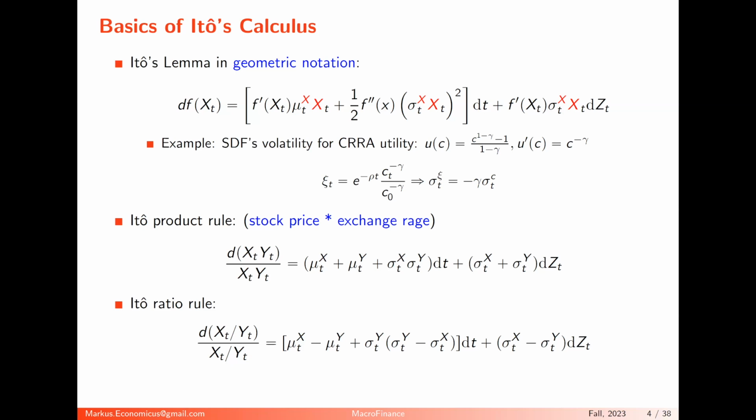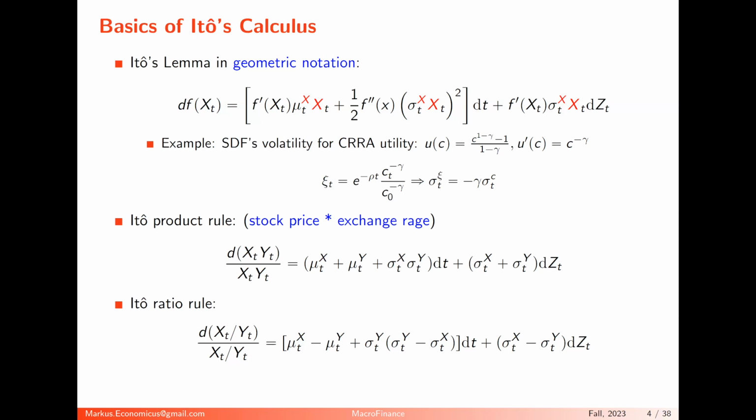It's f prime of x times the arithmetic drift, which is the geometric one times x, plus half the second derivative times the volatility loading squared, the geometric one times x squared. That's the Ito term, and it comes from the fact that the Brownian motion moves a lot around. Then we have the volatility term, which is f prime of x times the arithmetic volatility, the same.